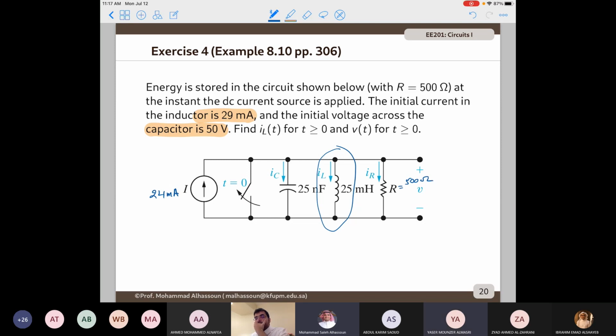Oh no, hold on. We are given IL. Yes, we're given IL. So we should find I final, and it will be 24 milliampere, if I'm not wrong. Okay, right, sure.